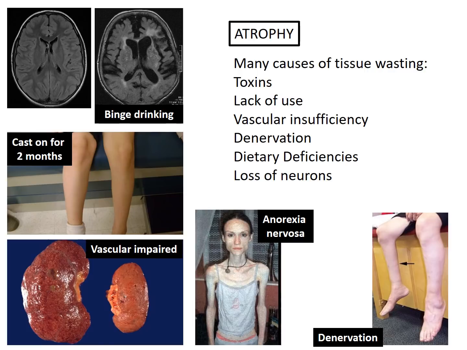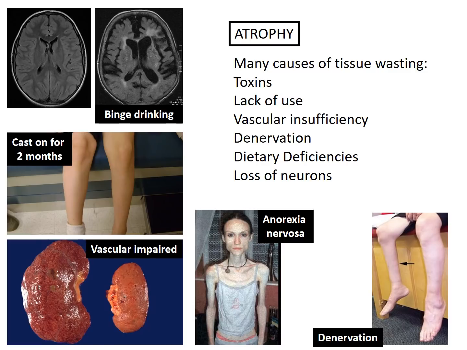Vascular insufficiency, when tissue loses blood supply, will atrophy. So you see two kidneys there. The smaller kidney has atrophied due to maybe renal artery stenosis or something that led to impaired supply of blood to that organ. Lack of nutrition leads to atrophy. A good example is the woman suffering from anorexia nervosa.